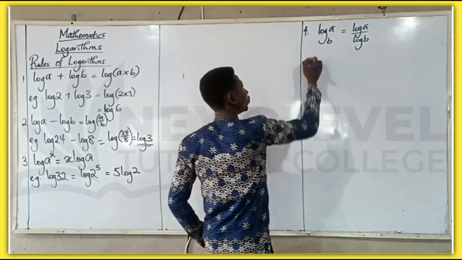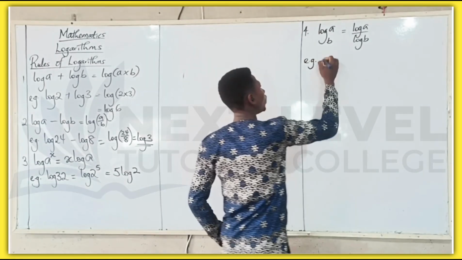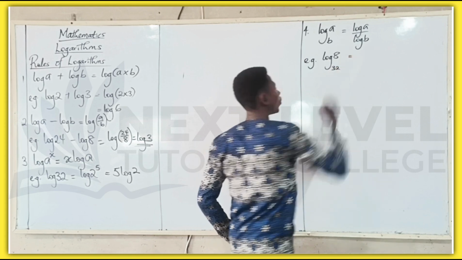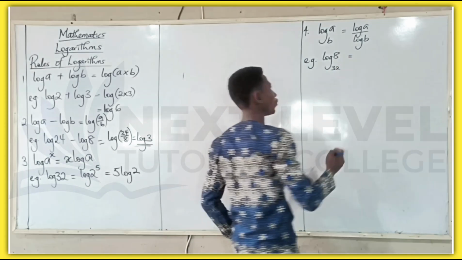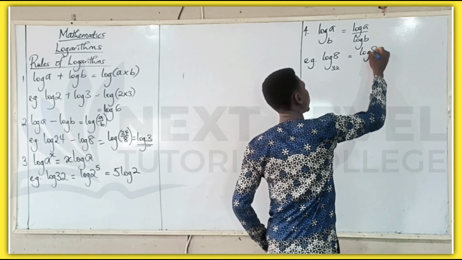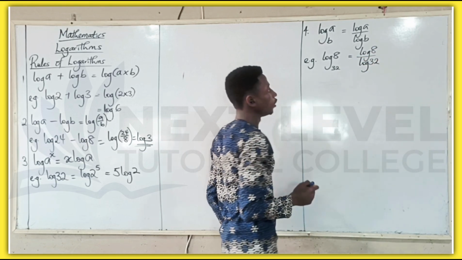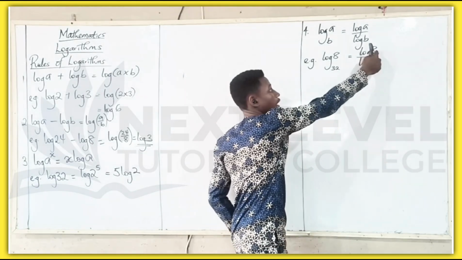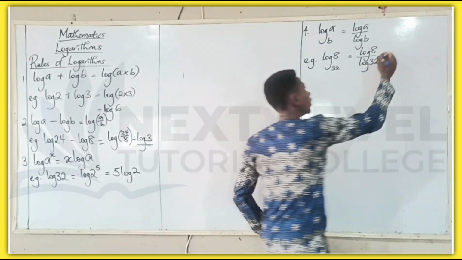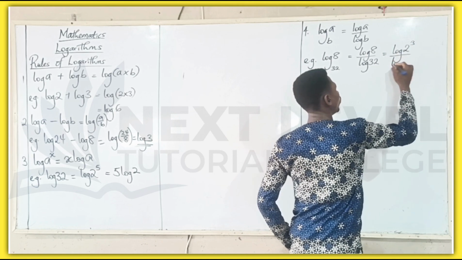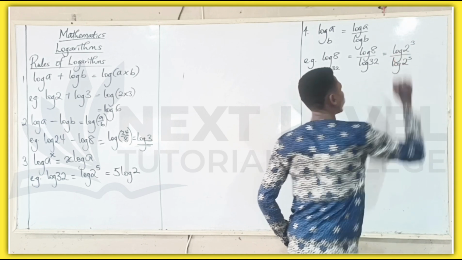Let's take one example. E.g., let's say I have log 8 base 32. What can I do here? To simplify, it will become log 8 over log 32. Then to go further, we can take 8 and 32 to index form, and that will become log 2 raised to power 3 over log 2 raised to power 5.